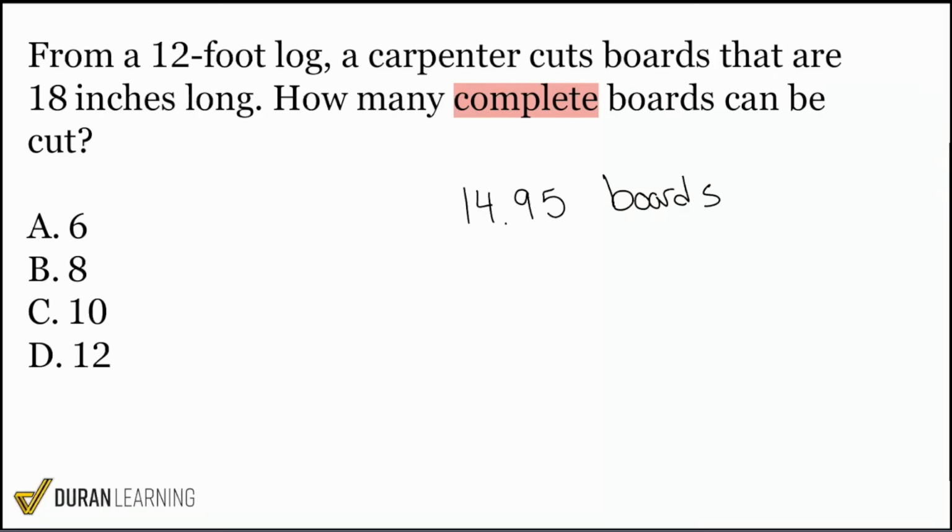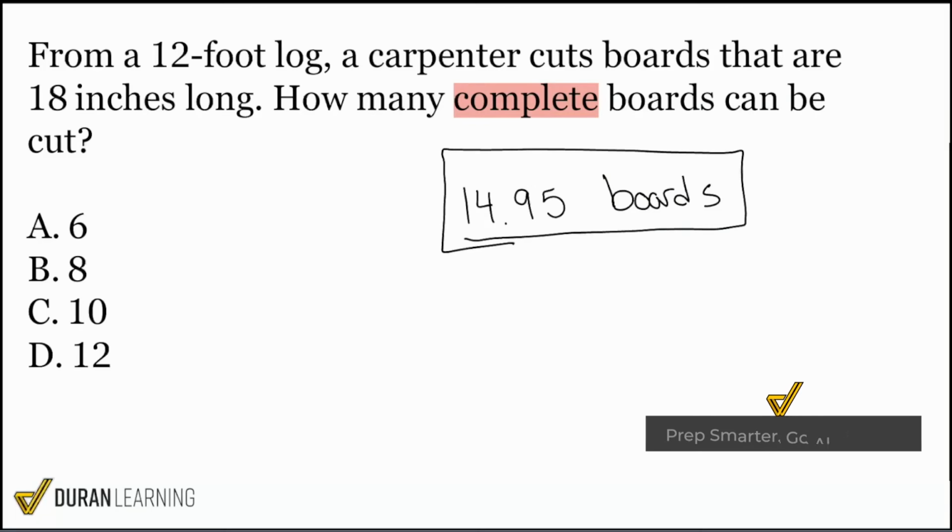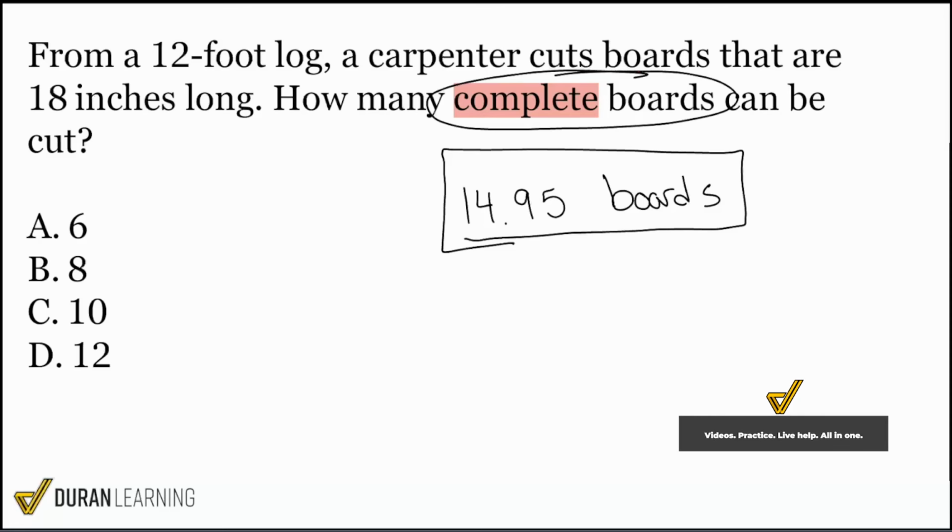If that's what we had at the end, what would the answer actually be if we're only counting complete boards? Would 14.95 be rounded to 15 or 14 as the final answer? Yeah, Angela, you got it right. That's going to be 14.